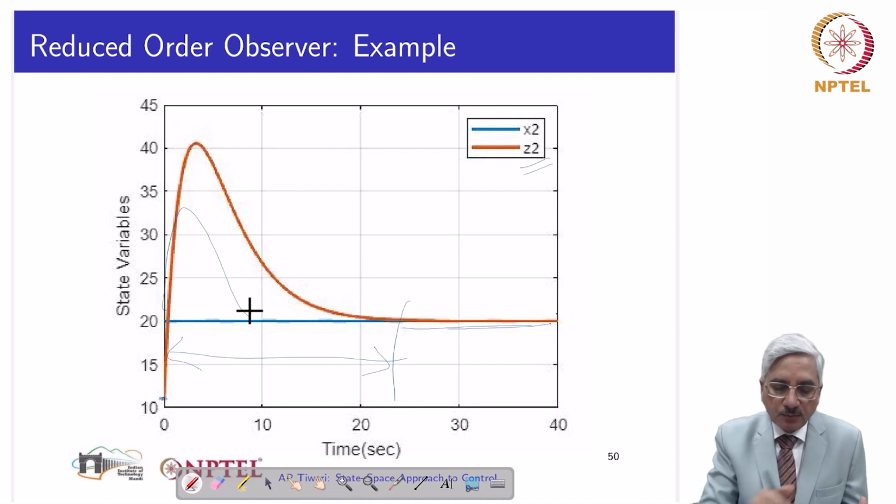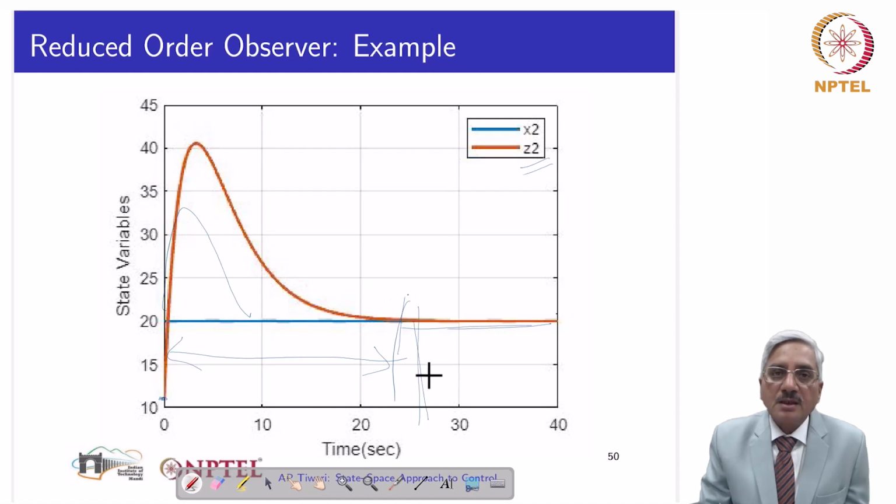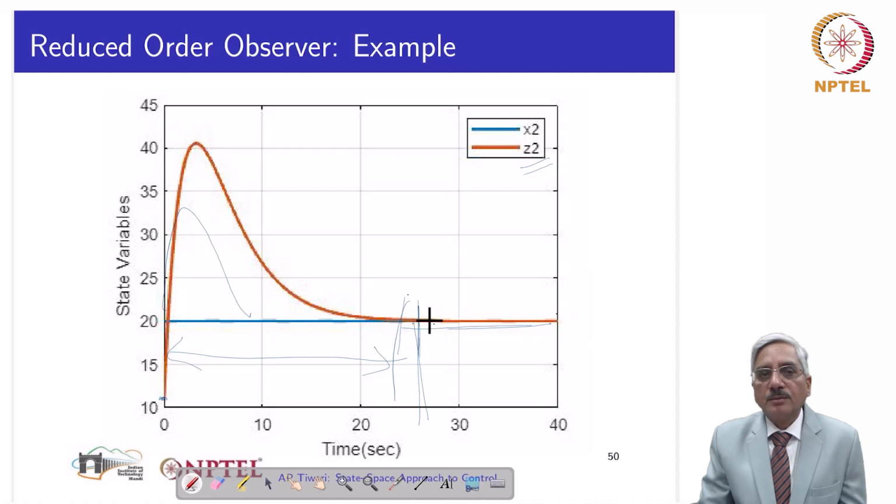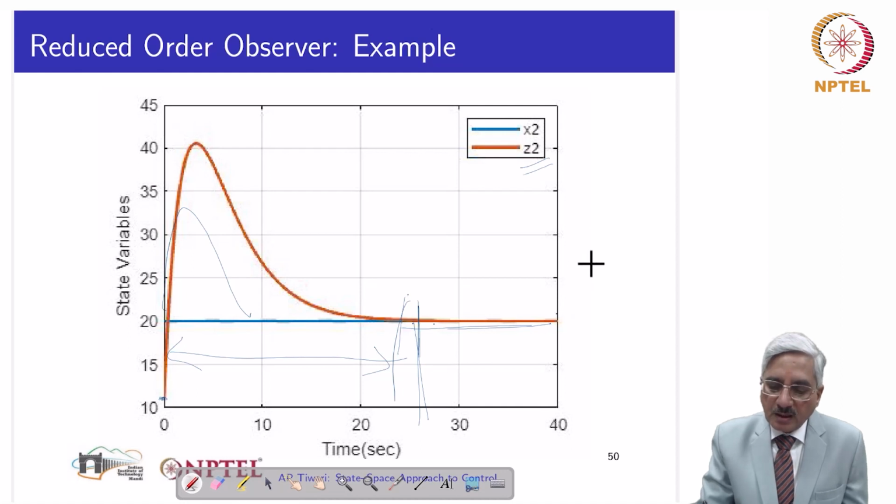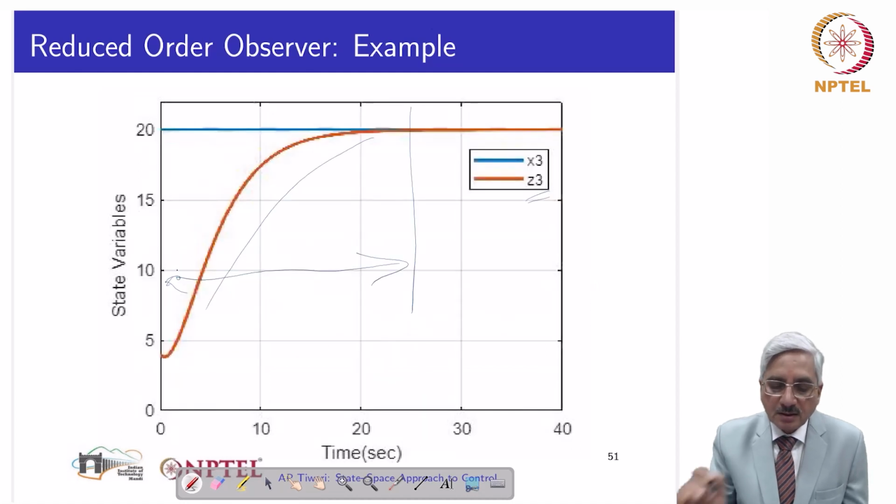However, the poles we have selected that give this response take about 25 seconds for the system to asymptotically match the states of the system, or the estimation error for state x2 and for state x3 becomes 0 in larger than 20 seconds, maybe somewhere around 25 seconds.